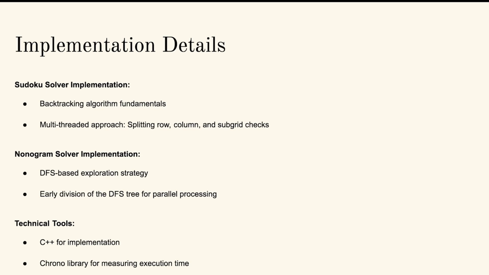And then for the nonogram, like I said earlier, we used a DFS-based exploration strategy, and we made sure to do early division of the DFS tree for our parallel processing. Beyond that, we use C++ as our language of choice, and we use the chrono library for measuring the execution time of our different methods.